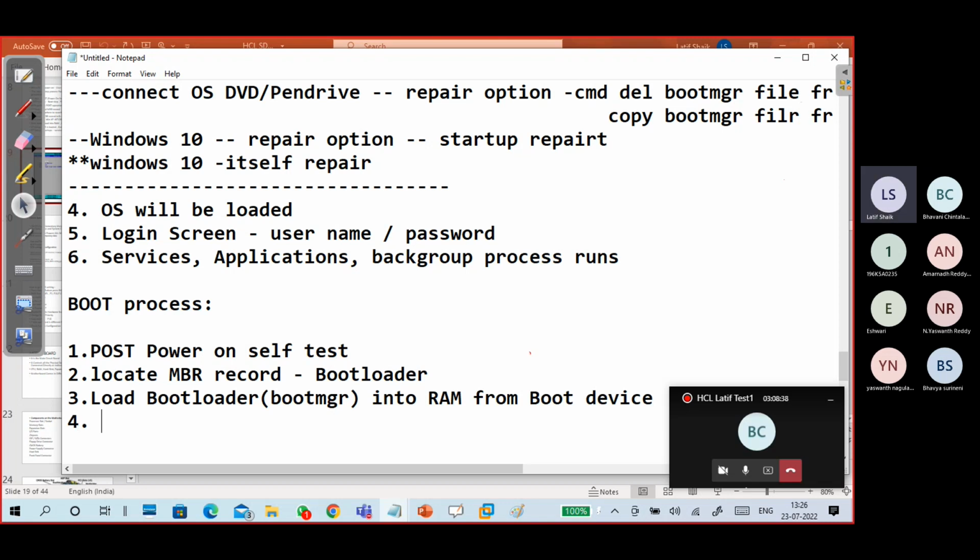Fourth, the boot device will be told by the MBR only. Your BIOS will tell who your boot device is, as per the BIOS boot menu and boot priority.